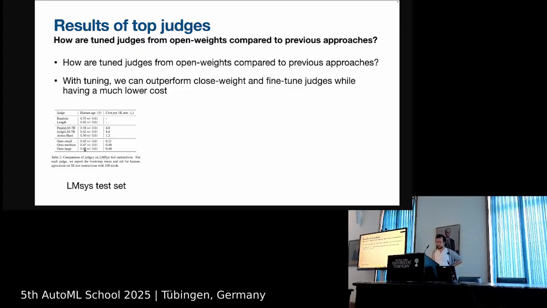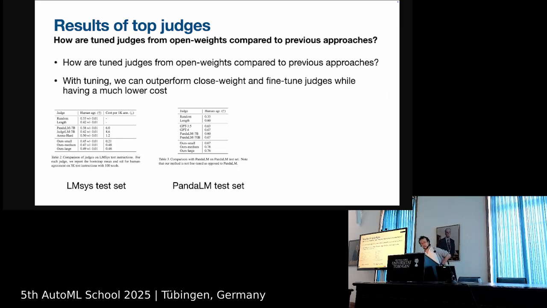We basically match the performance of judges with GPT-4. Arena Hard used GPT-4o, which is a much more expensive model, but at a cost that is about half, so we do decrease the cost by a lot. And then we look at others, because there are a lot of LLM judge benchmarks.